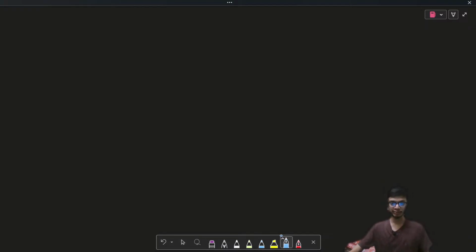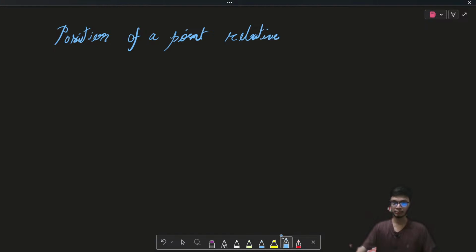This is a similar concept to what we have already learned about the position of a point and a plane. So, position of a point relative to a line. Now, why is this problem important? Because we are going to discuss the angle bisector, and this concept is going to play an important role.